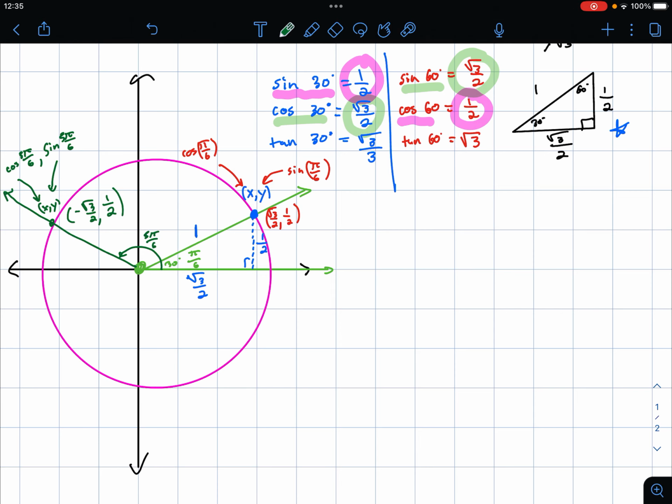Continuing on, we can build to the third quadrant angle that shares a reference angle of 30 degrees. That is going to be our 7 pi over 6 radians. And this is going to have a coordinate x comma y of negative root 3 over 2, comma negative 1/2, because it's the same as the reference angle, but now we are in this minus minus quadrant where both x and y are negative.